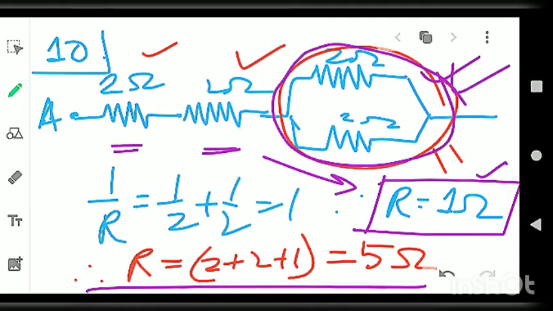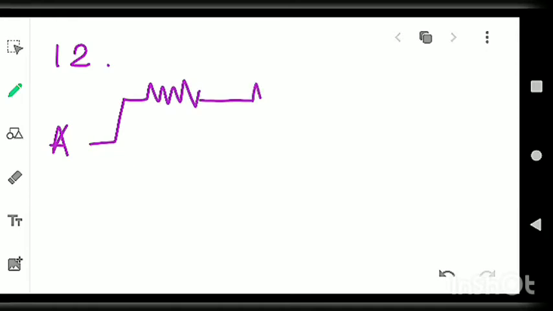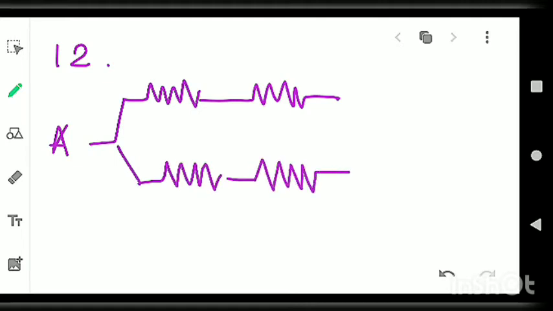Similarly, we can solve more numericals of this kind, like question number 12. Question number 12 is also quite easy. It says that there is a point A. Here two resistances are given, and in the bottom section, two resistances are given. The values are like this.